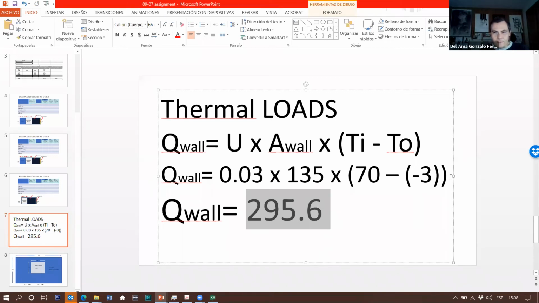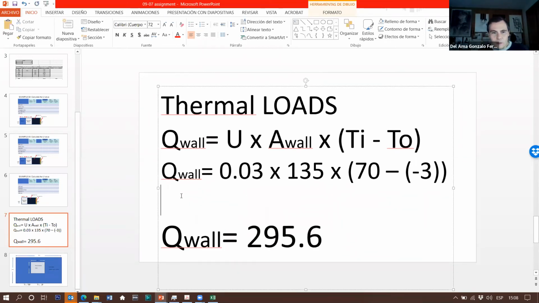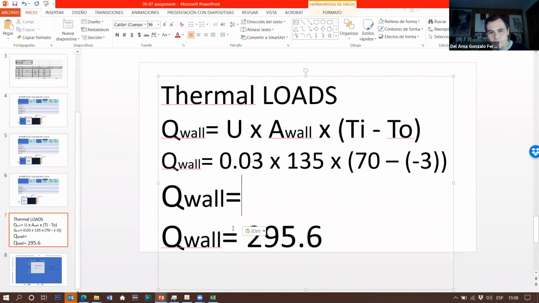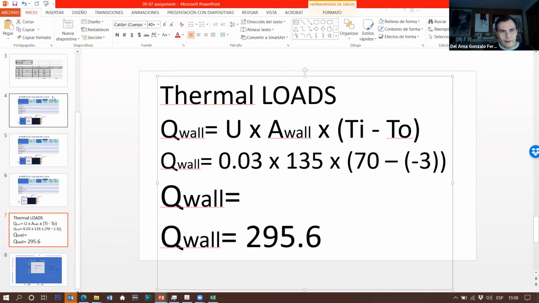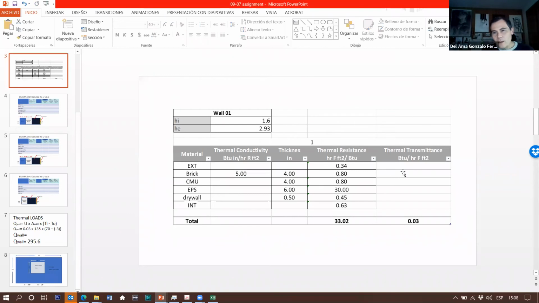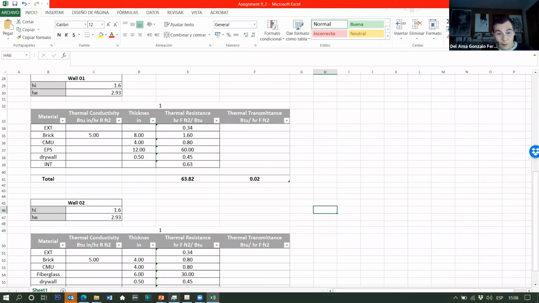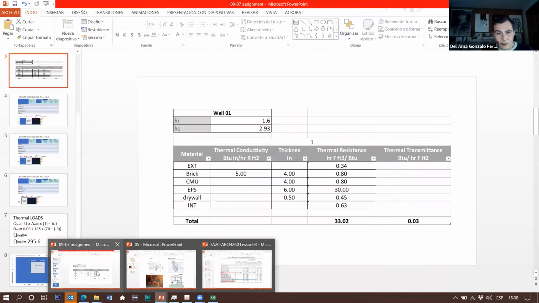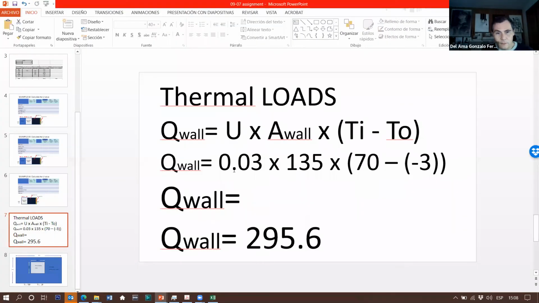And so I'm going to open another line. What are the units? Okay, if you look at the U value, the units are BTU, hour, Fahrenheit, feet square. And this is important because if we mistake the units, everything will be wrong.